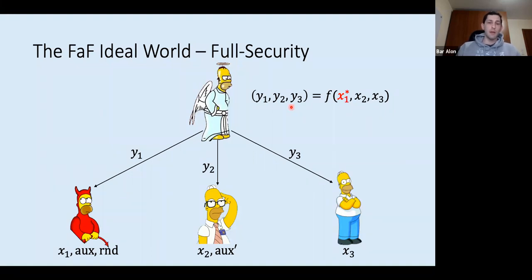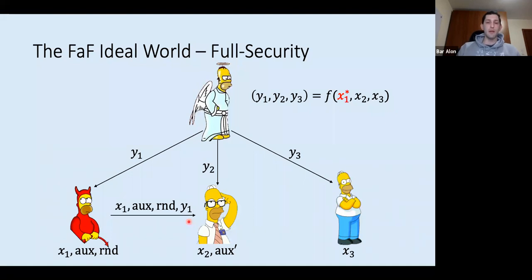But now comes the important change. What we do is we let the malicious adversary send its entire ideal world view to the semi-honest party. And this includes its original input, its auxiliary information, the prior information that he had, its randomness, and the output that he received from the trusted party, which might be different from the output that the second party received. So it sends everything that he has.